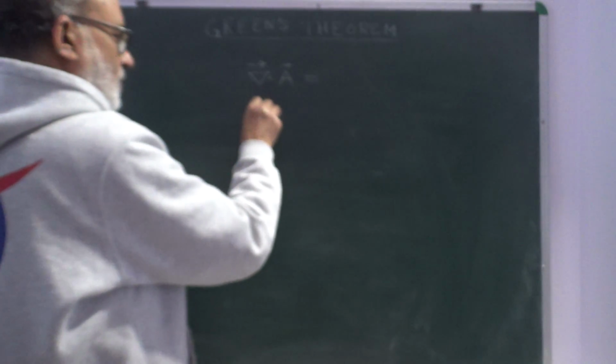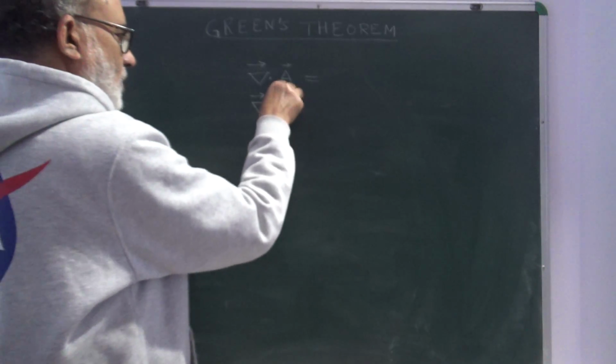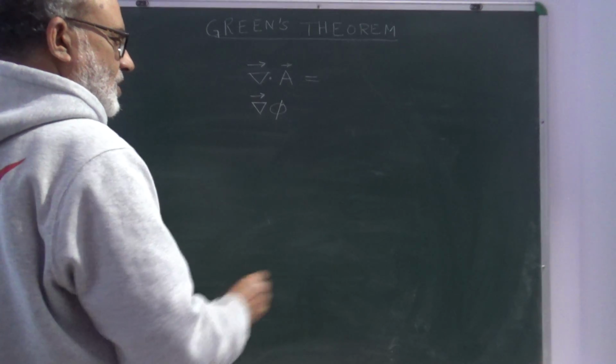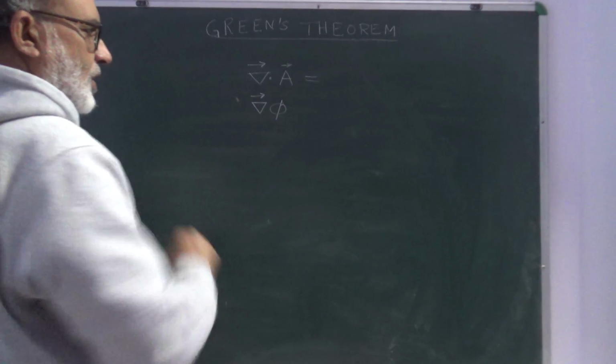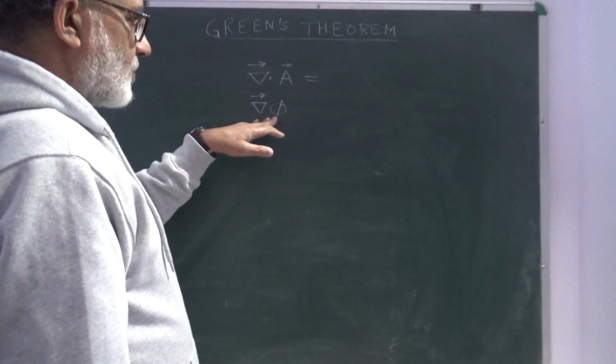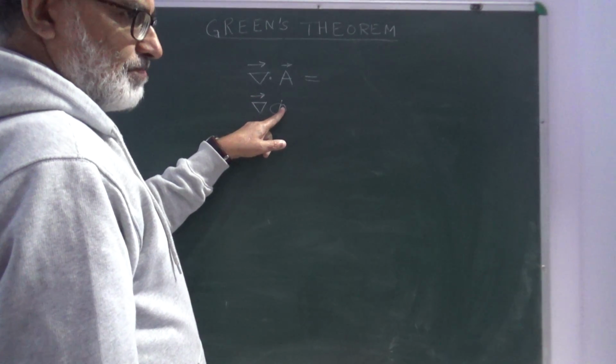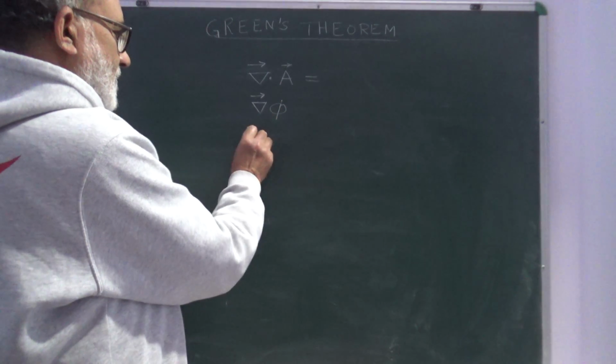Then we have studied what gradient. When del operator operates on a scalar field, this phi is a scalar field. This is called the gradient, and this results in a vector, and the direction of the vector is along the increasing magnitude of phi. And then we have studied about curl.